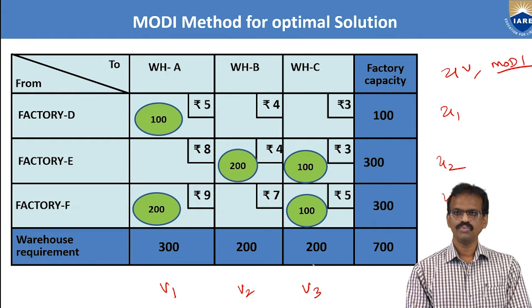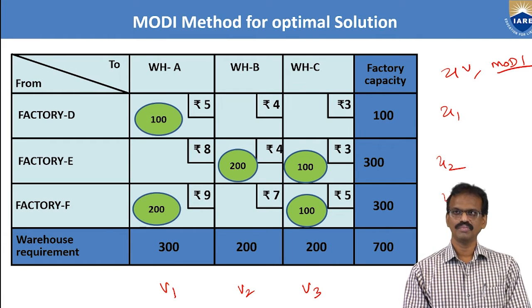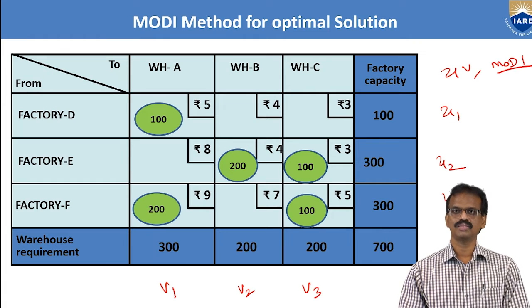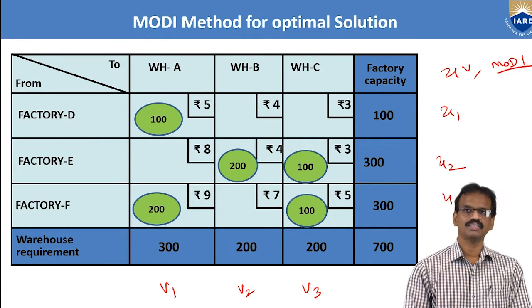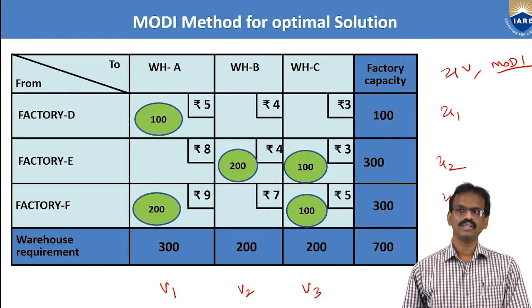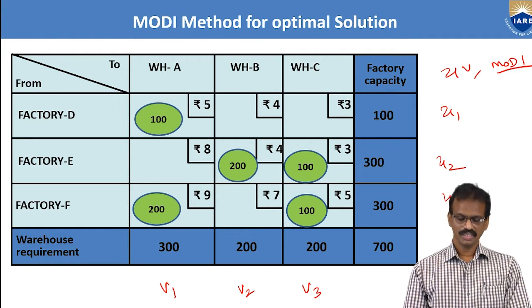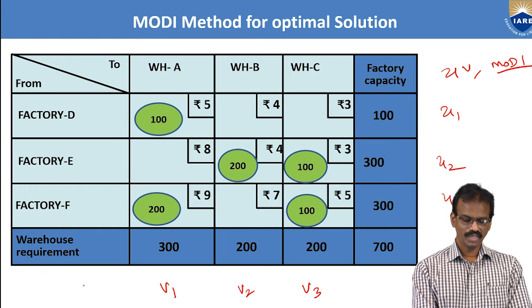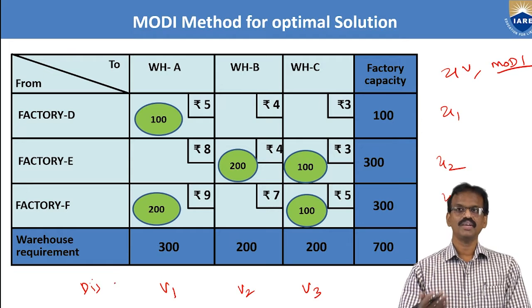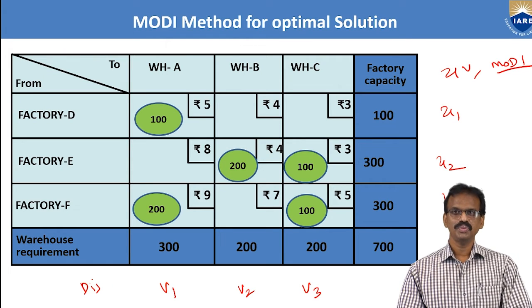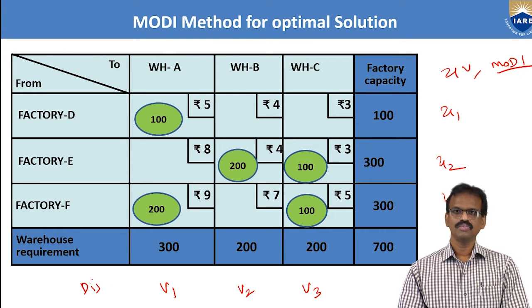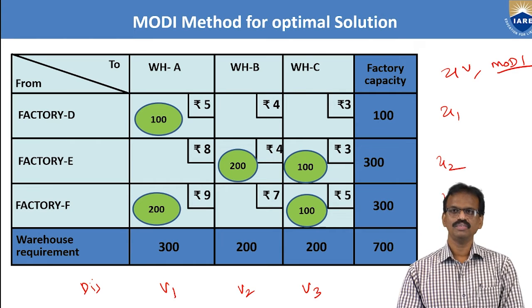Using the allocated cells, you find the U and V values.